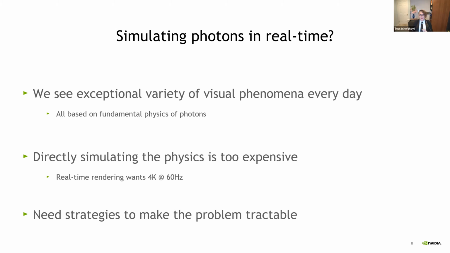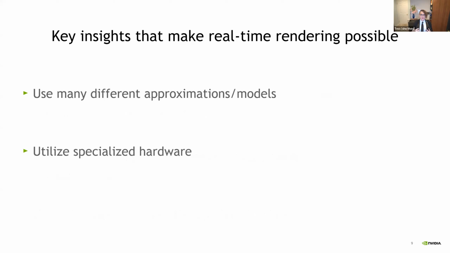And so I'm going to highlight two key insights that are really what makes real-time rendering possible in the world today. The first of those is applying different approximations and models to these phenomena we see in the real world. And the second is utilizing specialized hardware like GPUs.